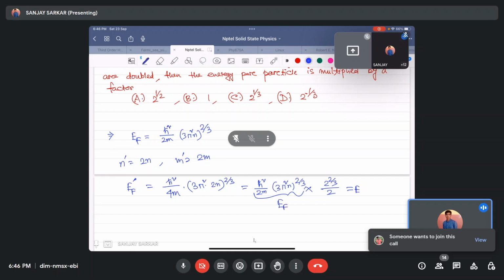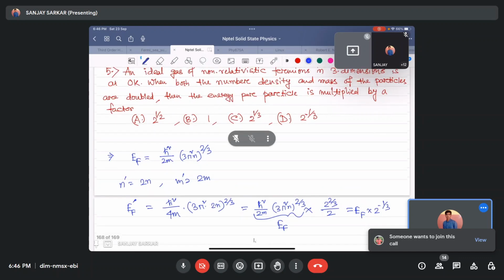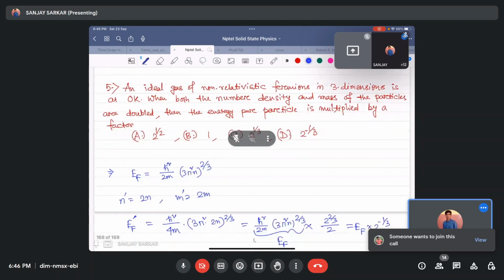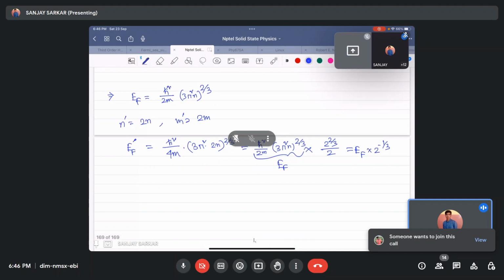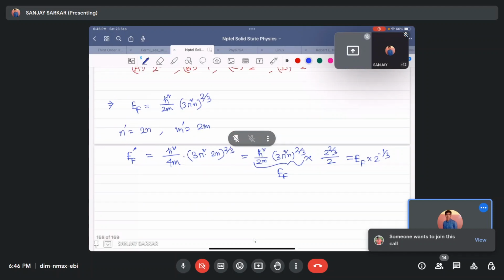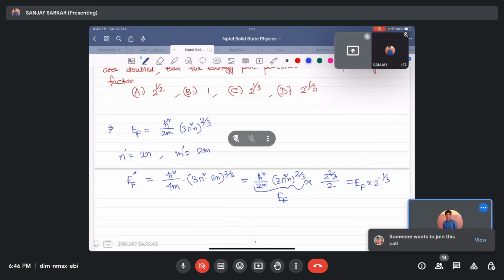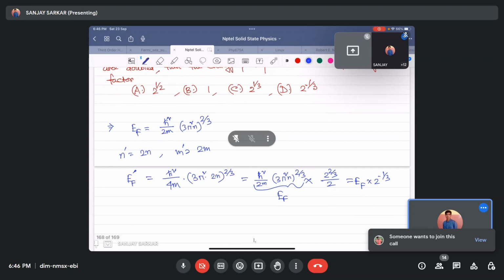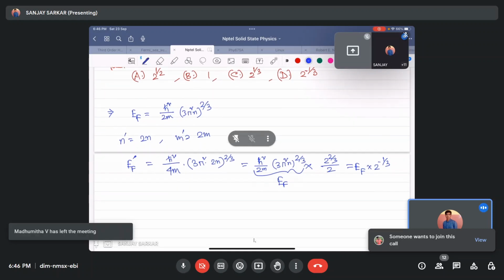So this is EF into 2 to the power minus 1 by 3. So the energy per particle is multiplied by 2 to the power minus 1 by 3. So option D should be correct. Yes, the right answer is option D.